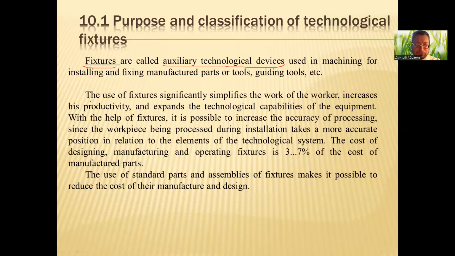The cost of designing, manufacture, and operating fixtures is from 3 to 7% of the cost of manufactured parts. The use of standard parts and assemblies of fixtures makes it possible to reduce the cost of their manufacture and design.